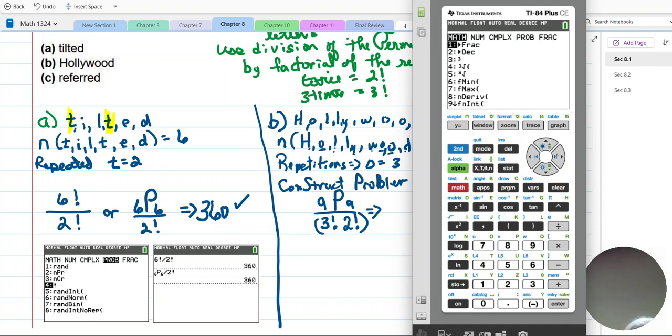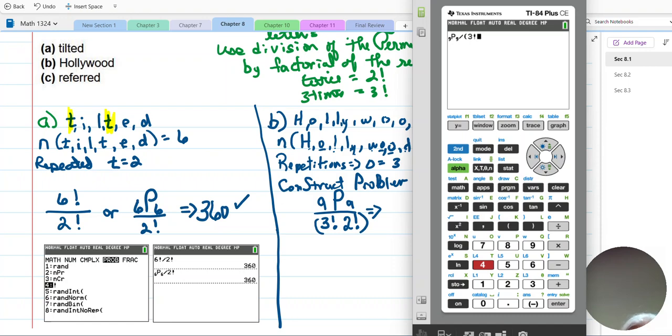9, math, PRB, we're doing number 2, and we're entering 9. Sorry about that. Now a side arrow to make sure I'm online, and then I'm going to hit divide, open parentheses, 3, math, PRB, number 4.